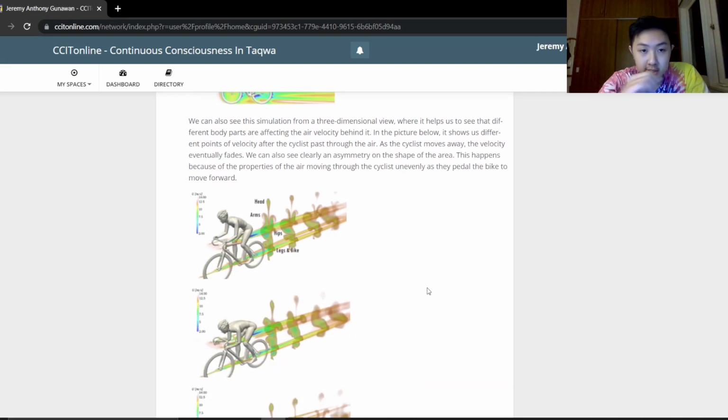So we can also see this from a three-dimensional view. We can see that this is a point where the velocity is recorded. We can see that the air is going through the head, the arms, the hips, and the legs of the cyclist and the bike. As the cyclist moves away, we can see that the velocity actually fades away, and we can see clearly an asymmetrical shape here as it goes on, and it changes.